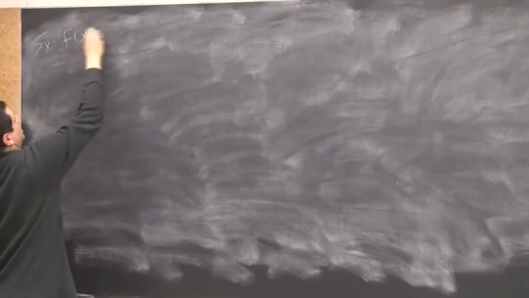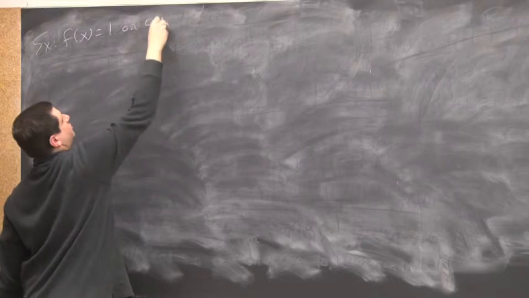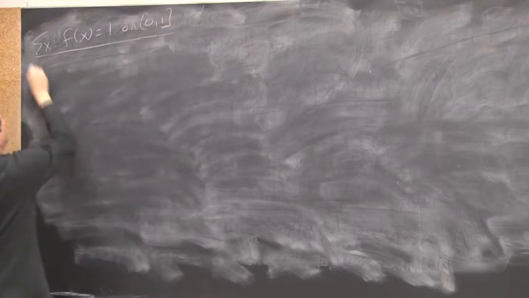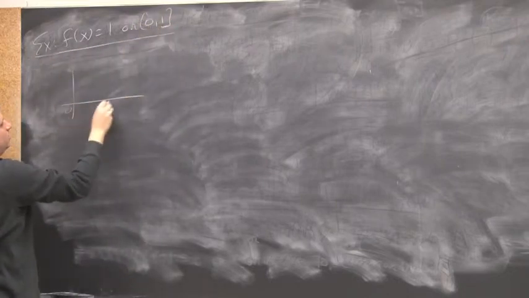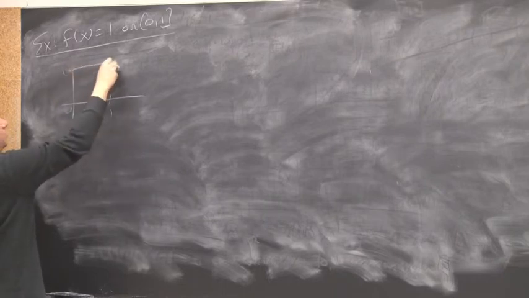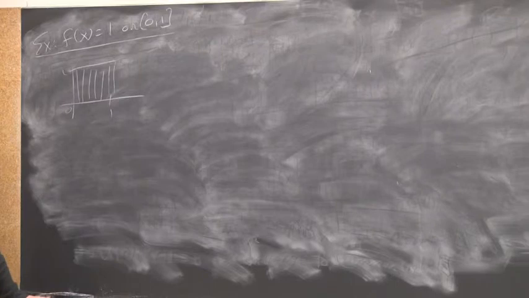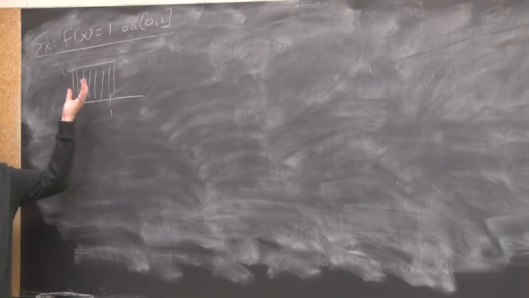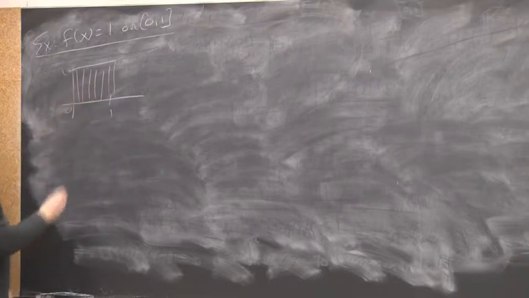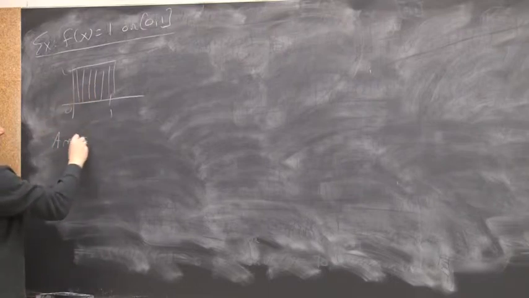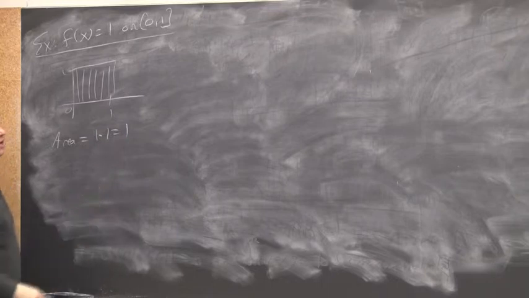F of x equals 1 on the interval 0, 1. So here's 0, here's 1, here's my function. I want to find the area under the curve f of x equals 1 from 0 to 1. What shape is this? Rectangle. So the area is 1 times 1, or 1.